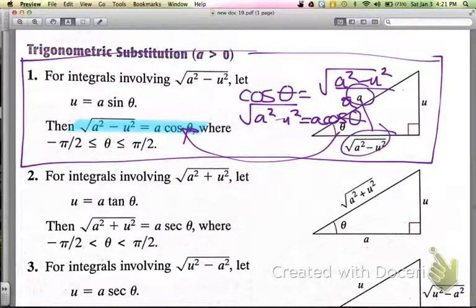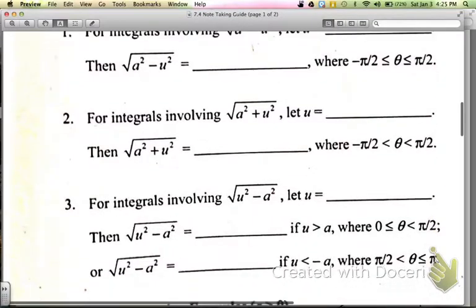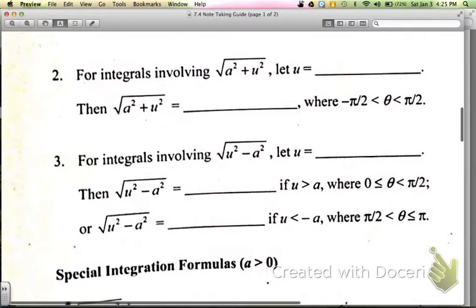I'm not going to actually go through the next two, we're just going to fill in the blanks, but know that you can look back at this picture on page 499 in order to figure out how they're getting these values. For integrals involving a squared plus u squared, let u equal a tangent of theta.